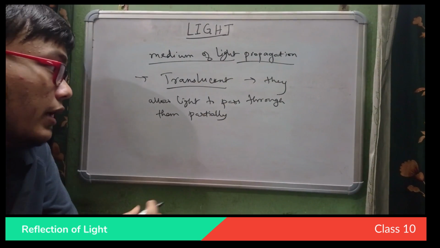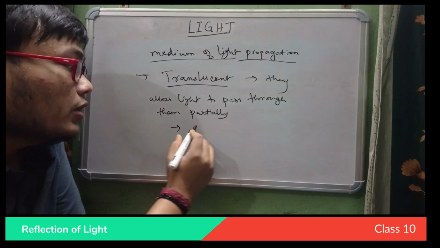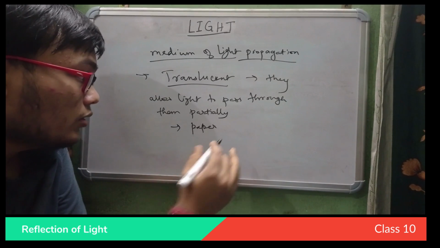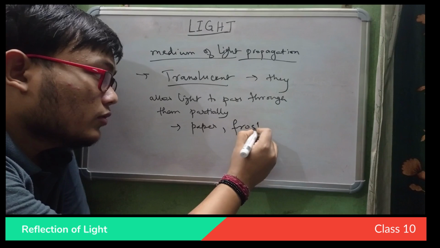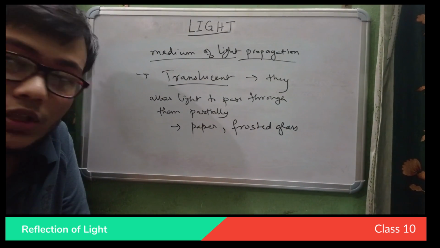Now, what can be an example of a translucent object? It can be paper. Paper allows only partial light to flow through it, and it can be frosted glass. Only a portion of the light which falls on it gets through it.